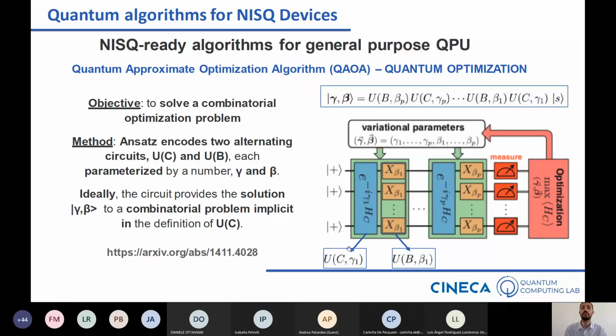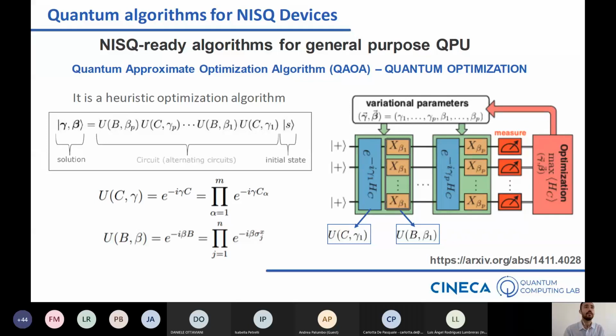The first term, the UC term, encodes the optimization problem that you're trying to solve, which must be in the form like a QUBO or Ising problem. And UB is the one responsible for searching the configuration space using entanglement.